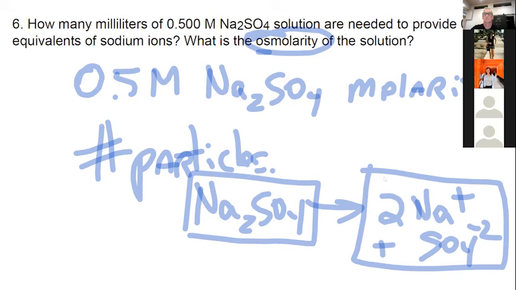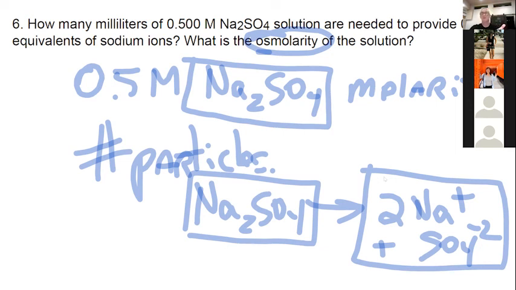Wouldn't it be half of that too? Half of what? The ions? No, because we have more ions than we do. Because here, this is just a single salt, right? Because when we're making that solution, we just measure out half a mole of this salt, and then we dissolve it in a liter of water, and we're good to go.